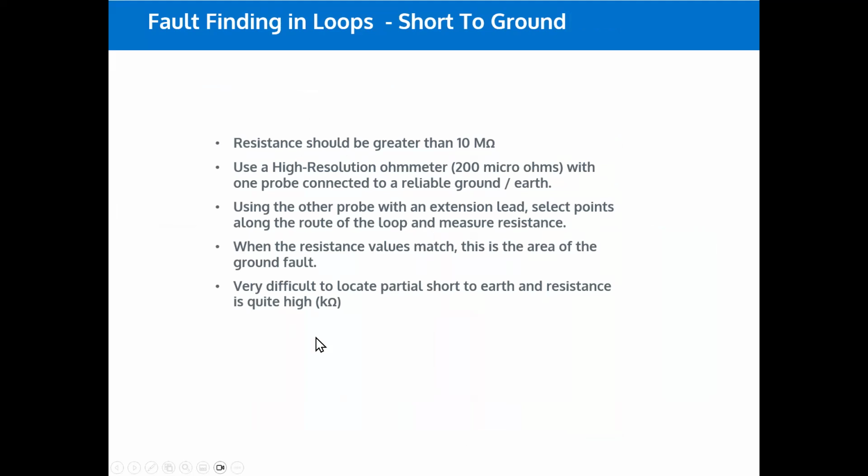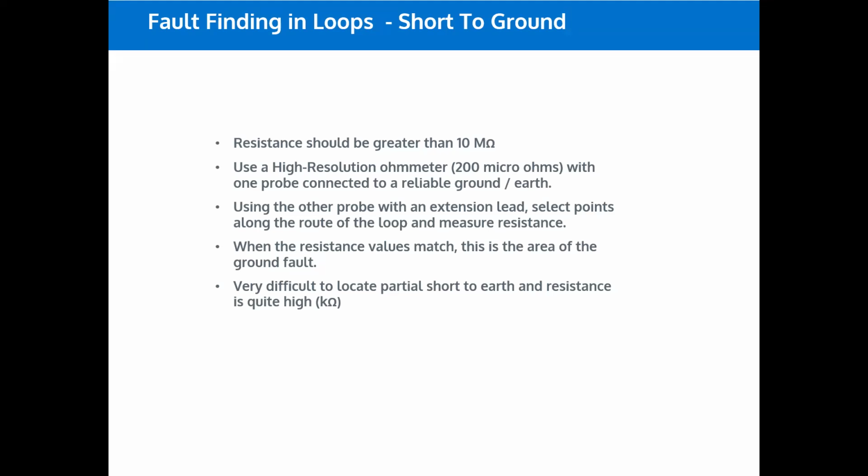Next thing I'm going to mention is the short to ground. Again, this is a bit more complex, and it can be a bit more difficult to resolve. But the resistance that you're wanting to measure between your phase, your loop, and earth should be infinite. There shouldn't be any connection between the two.